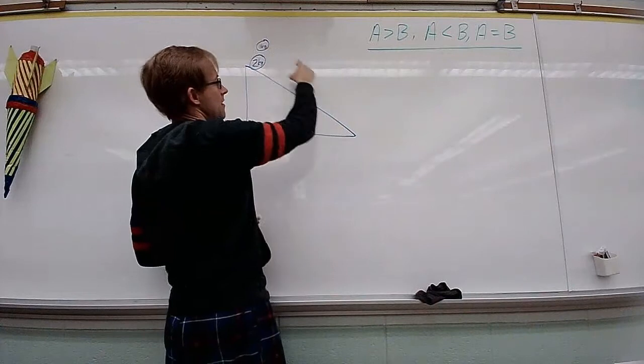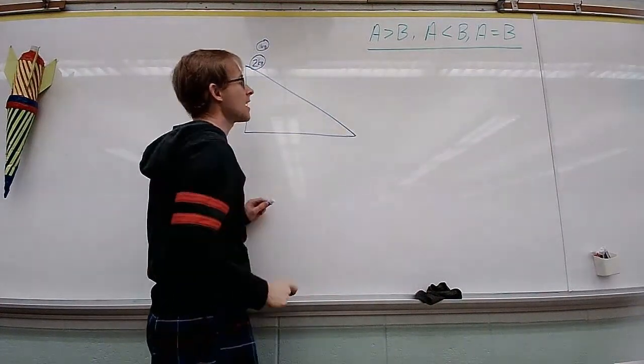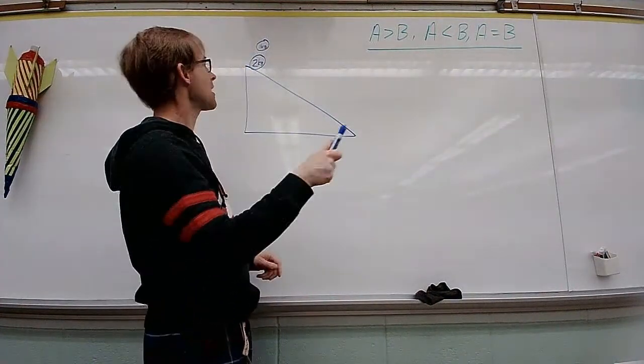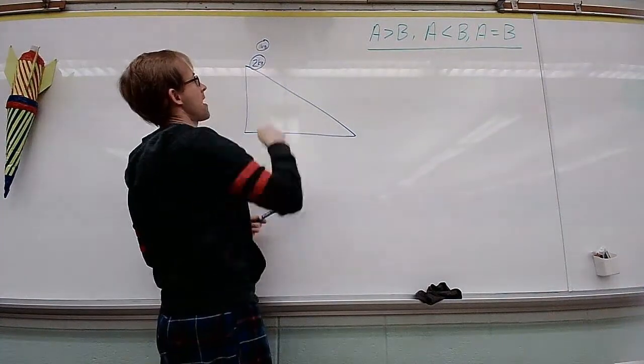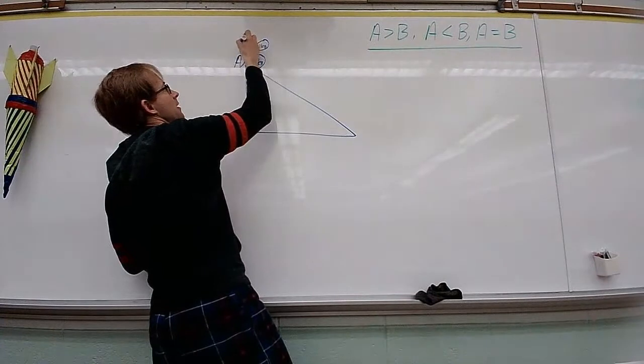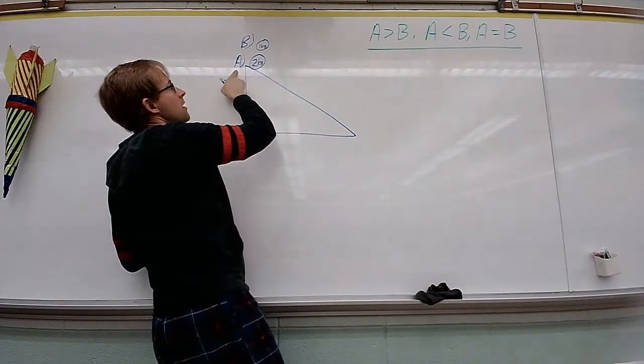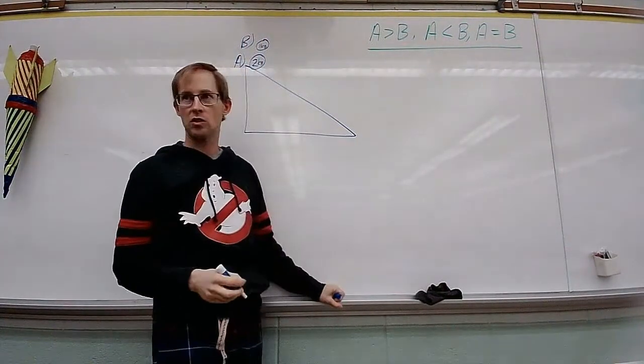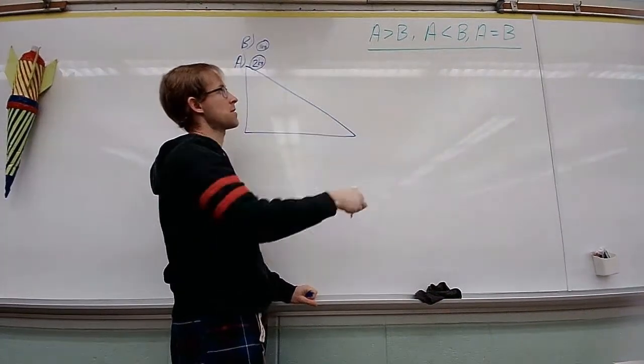So both of these objects are going to reach the ground at the same velocity, which means that the 2 kilogram object, which was letter A in the first example, we'll keep it letter A here. So that means this object would have the greater momentum at the bottom of this ramp.